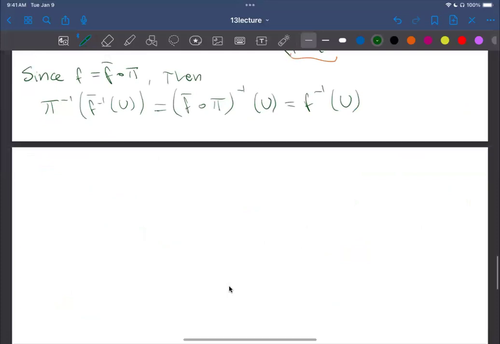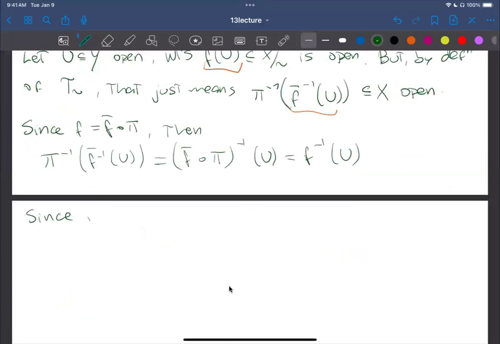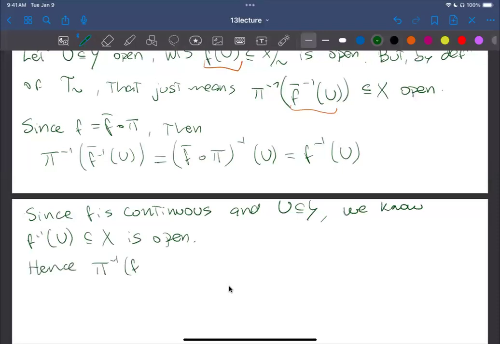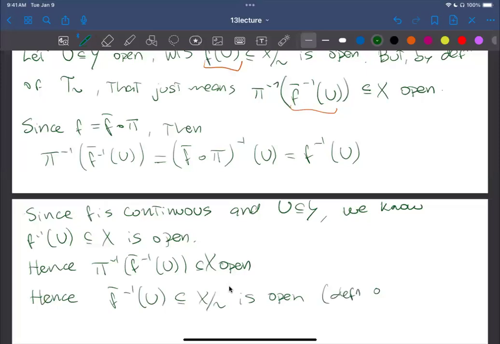And we know f is continuous, and U is open in Y, so we know that the preimage f inverse of U is open in X. Well, that means that the preimage of f bar inverse of U is open in X. And by definition of the quotient topology, this set inside the quotient set is open.